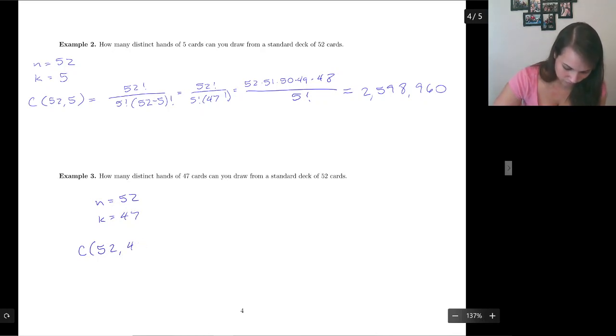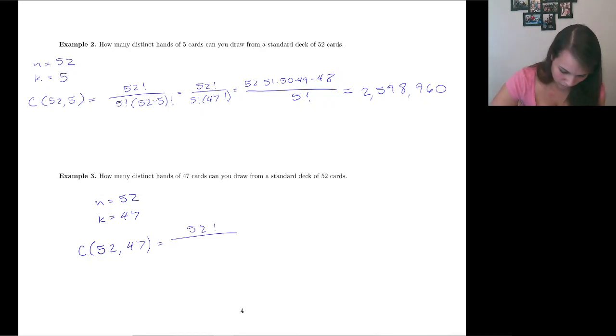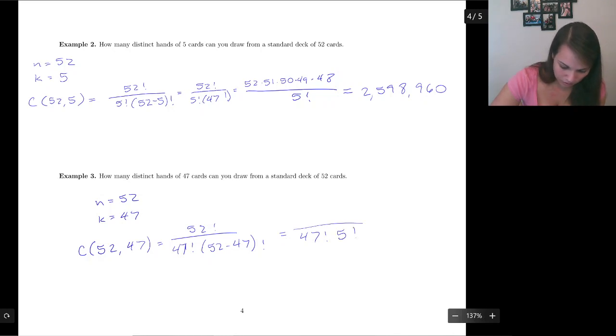C(52, 47) is 52 factorial over 47 factorial times (52 minus 47) factorial. So 47 factorial times 5 factorial under 52 factorial.